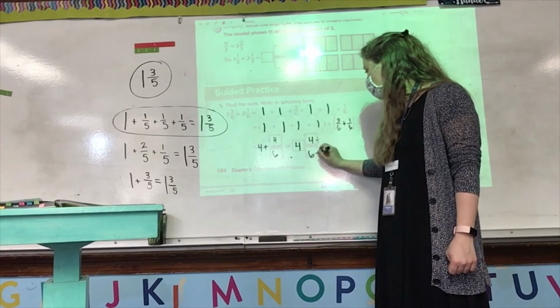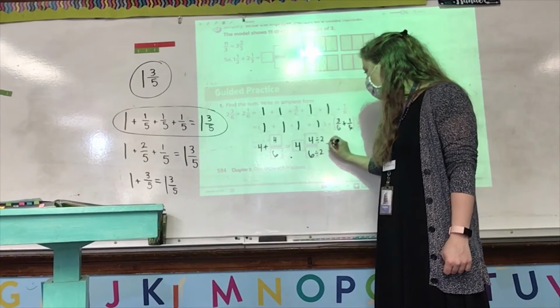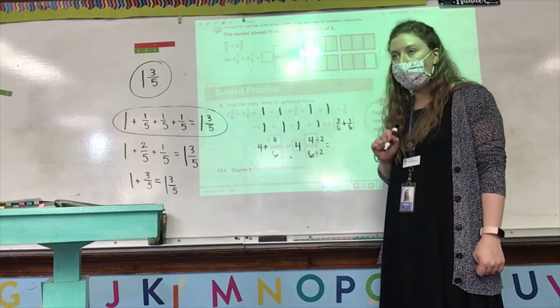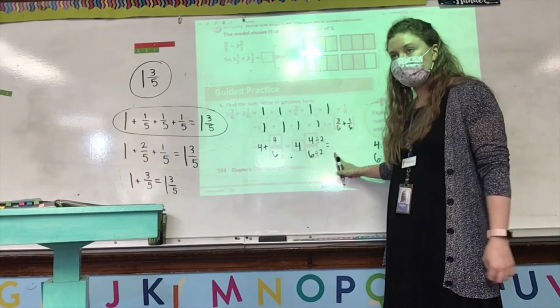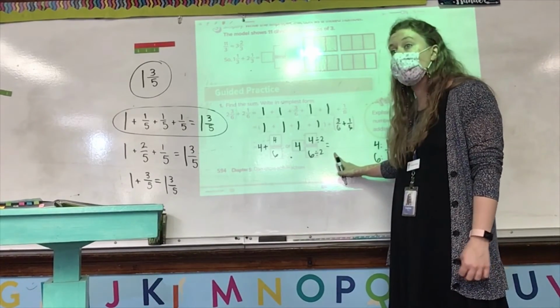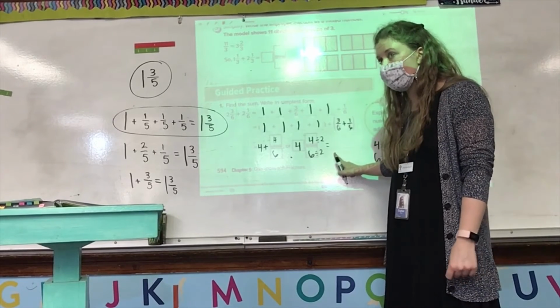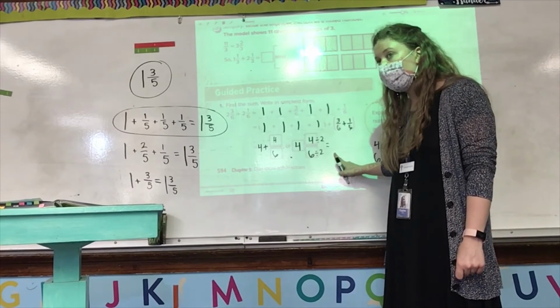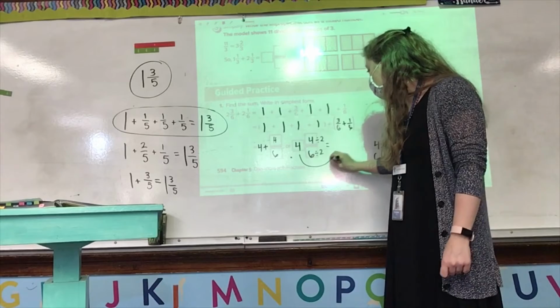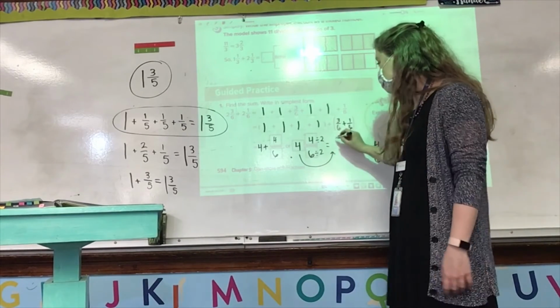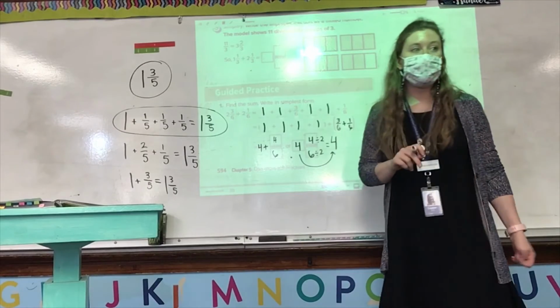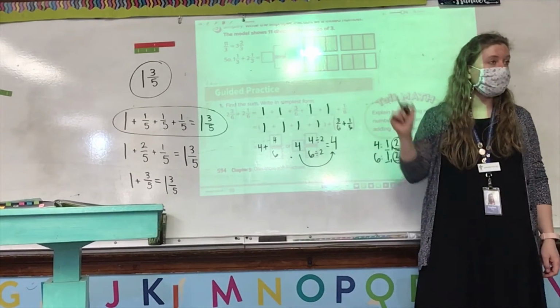So we're going to divide our numerator and our denominator each by 2. Now, Mason, are we going to put our fraction right here? No. What do we need to do before we simplify our fraction? We need to move our whole number. So does our whole number change? No, it does not. We did not see any evidence of our whole number changing in the examples.